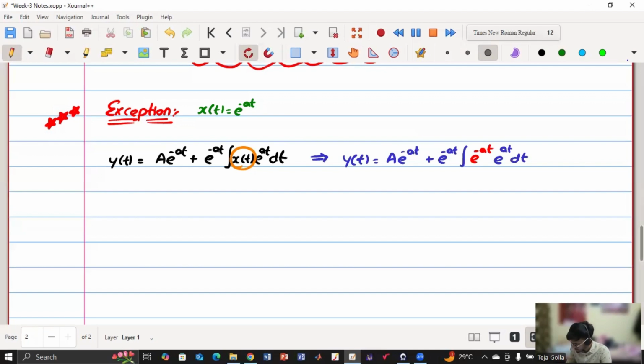Agree? So this and this will get cancelled. The integral will be t. Integral of one is t.